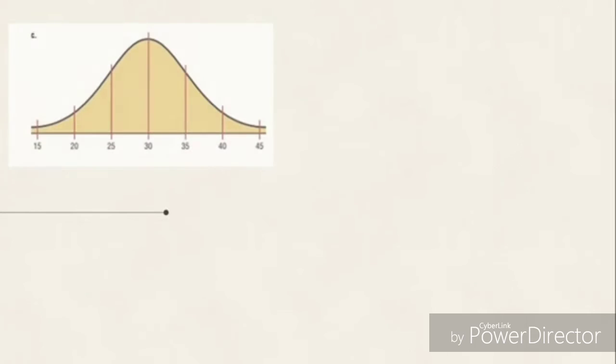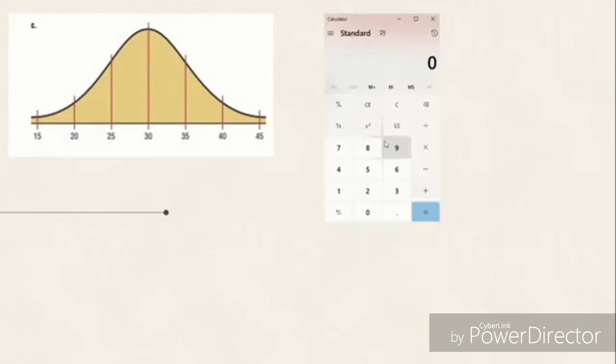Next one, letter C. We will use the calculator. For letter C, let's add 15 plus 20 plus 25 plus 30 plus 35 plus 40 and plus 45.